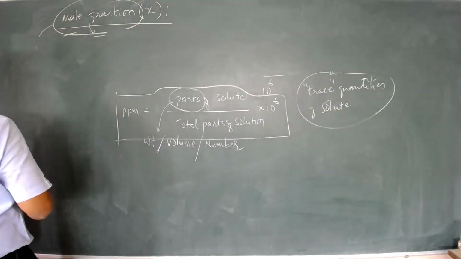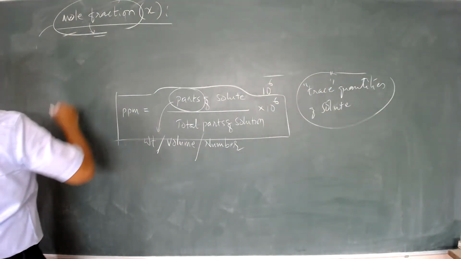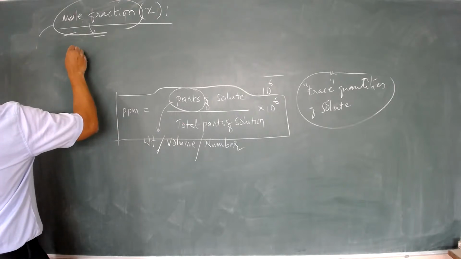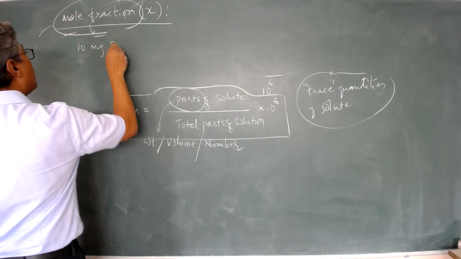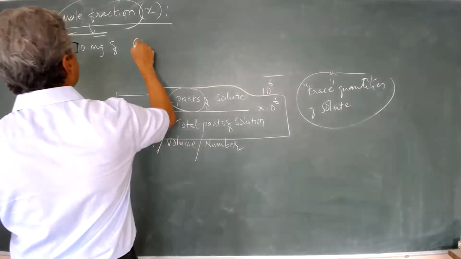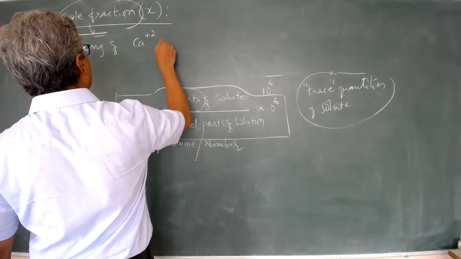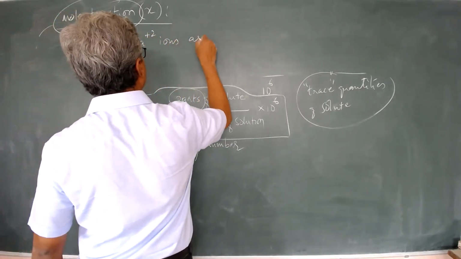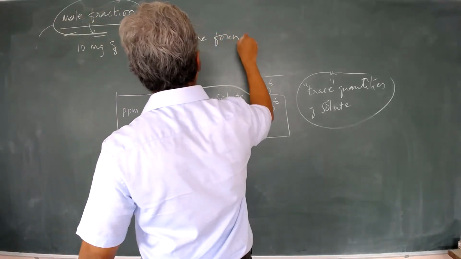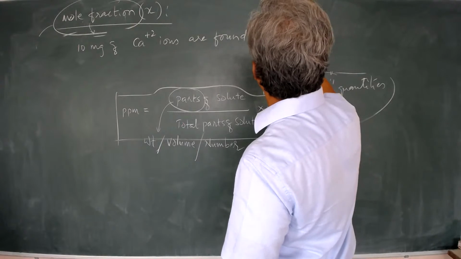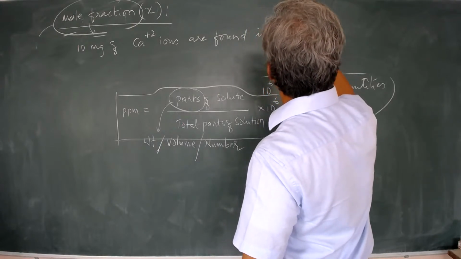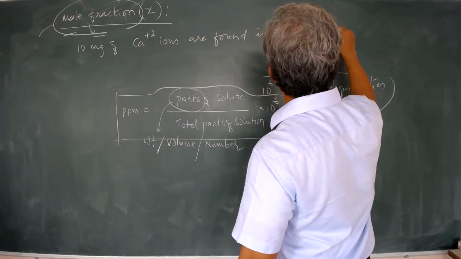See, say 10 milligram of calcium ions are found in 100 gram of water.